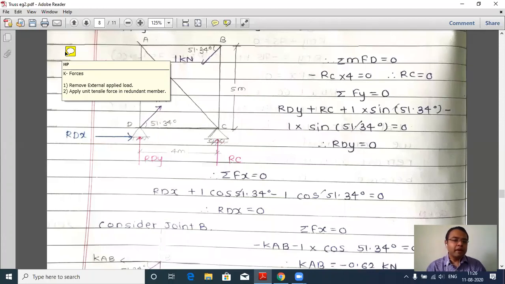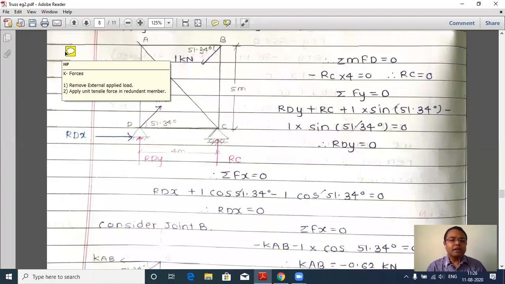Next, we have to apply a unit tensile force in the redundant member. Redundant means the unknown member. Here in this example, we have treated member DB as the redundant member, or you can say unknown member. While considering P forces, we removed member DB.